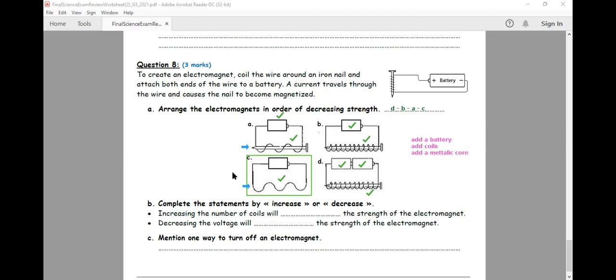Complete the statement by increase or decrease. When we add more coils, how does this affect the power of our electromagnet?